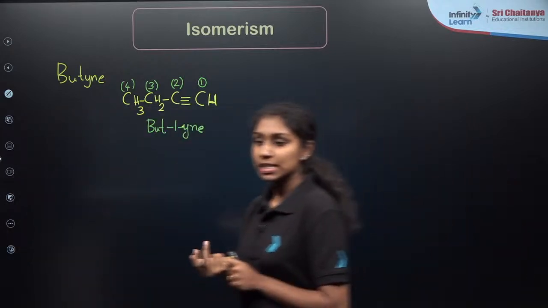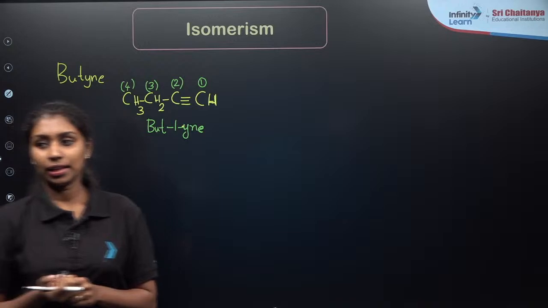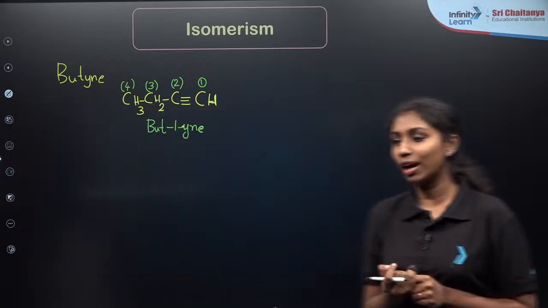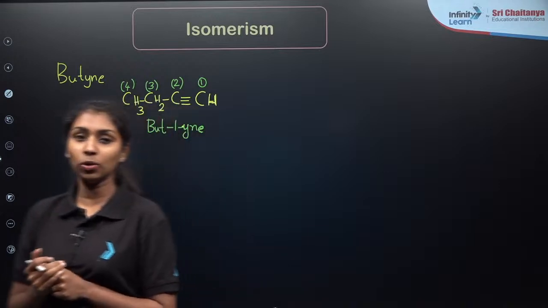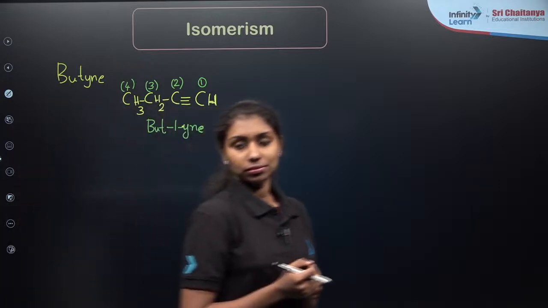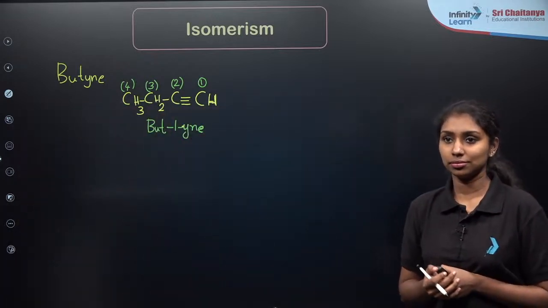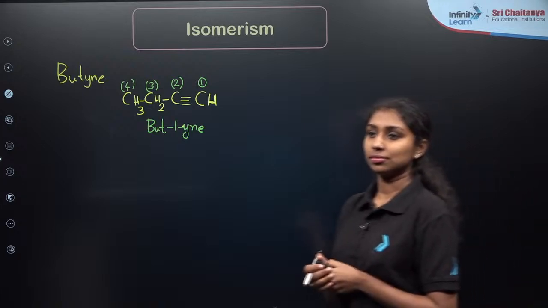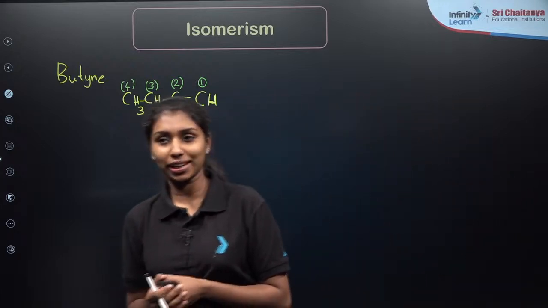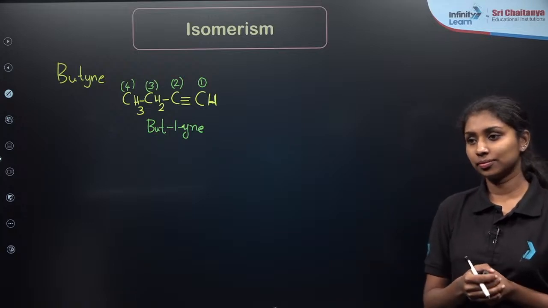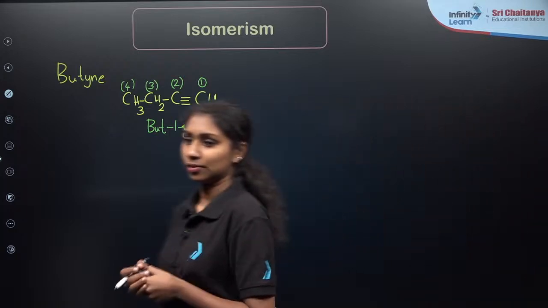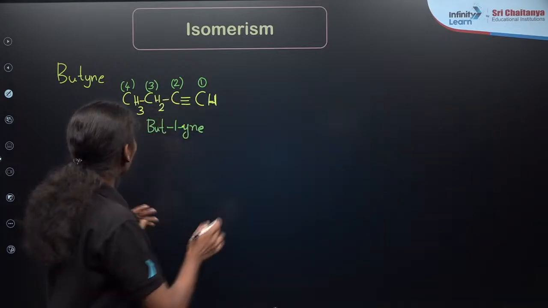Is there any other possibility? Yes, Srinivas, you are also correct. It will be but-1-yne. Is there any other possibility for this particular butyne compound? Yes, Mansi, you are also correct. Okay, I will draw another structure for this particular compound. You can give me the name.